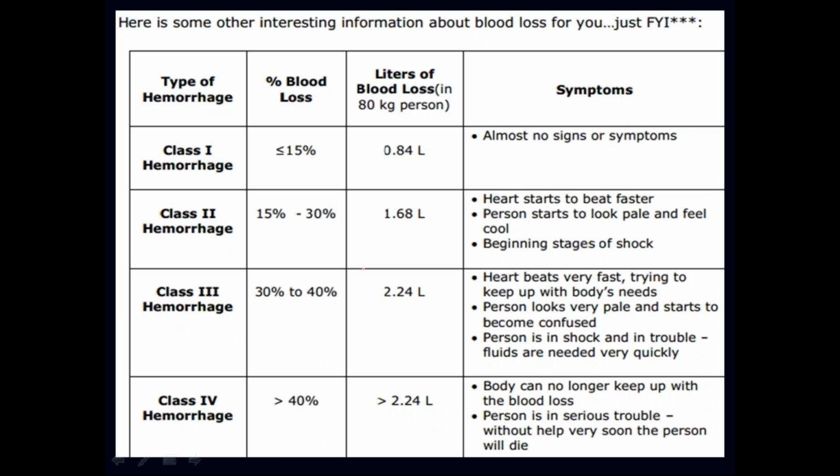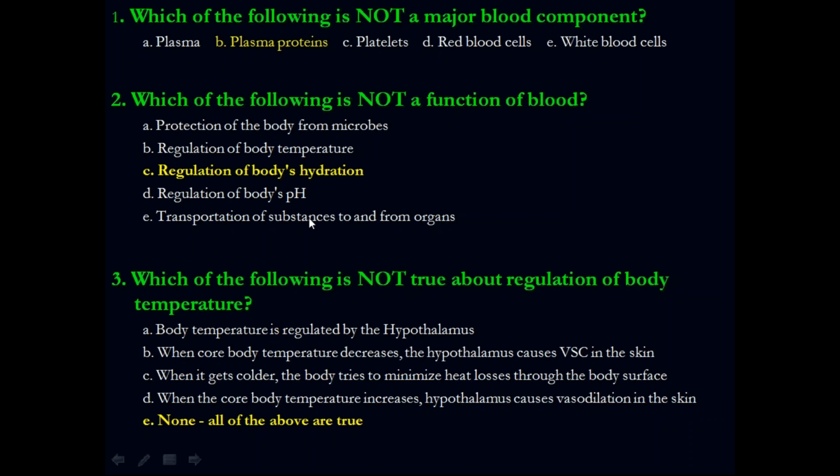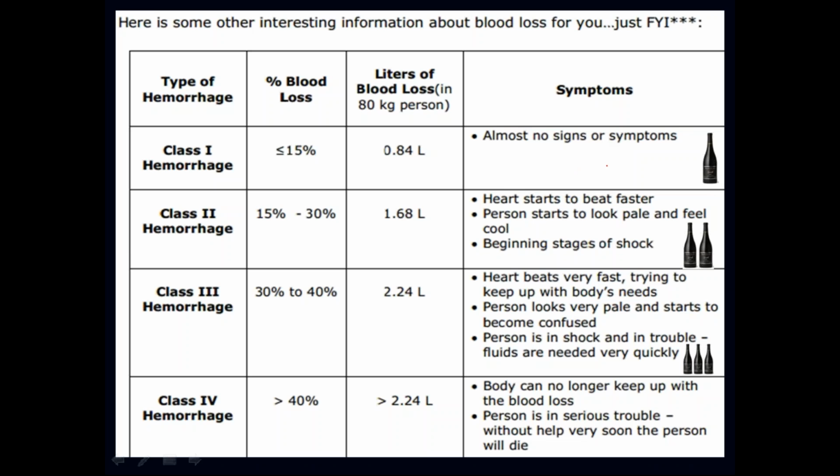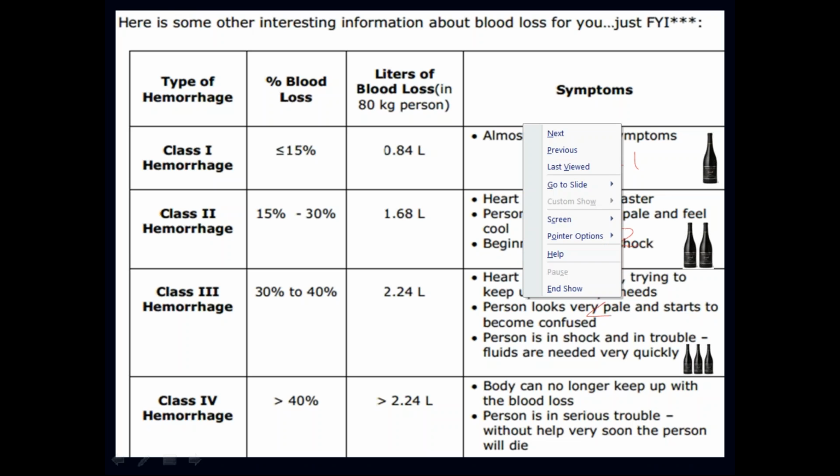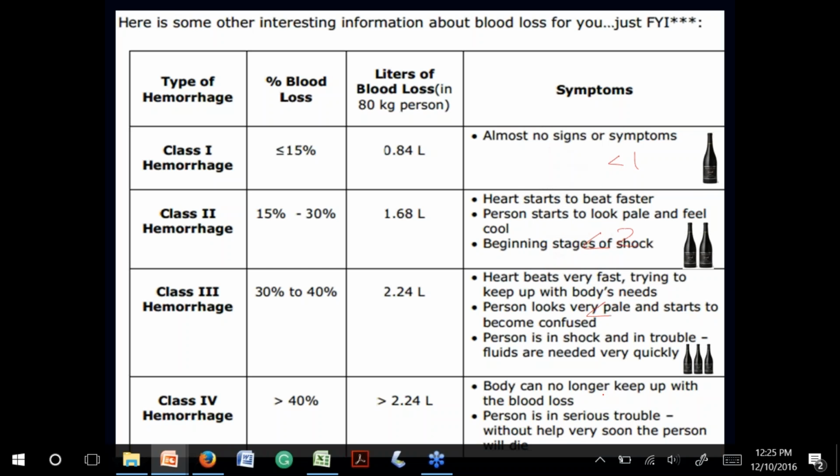Okay, so a class of hemorrhage, type 1, type 2, type 3, and type 4, right? So you just need to remember that we have less than 1 liter, less than 2 liters, less than 3 liters, and this is more than 3 liters. So if you want to remember that way, 10 cc more or less is actually not a big difference. But definitely, you need to remember that we have 4 classes of hemorrhage, okay?